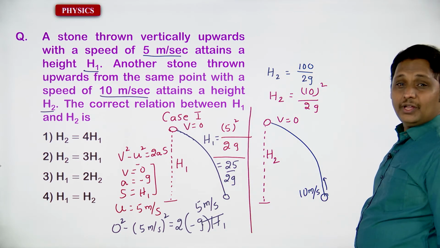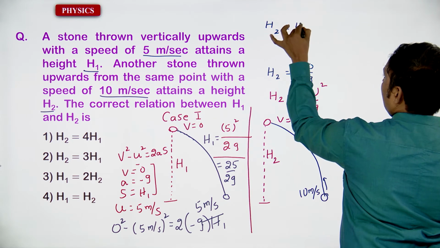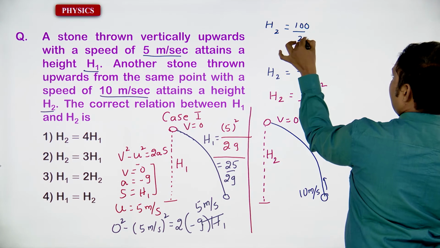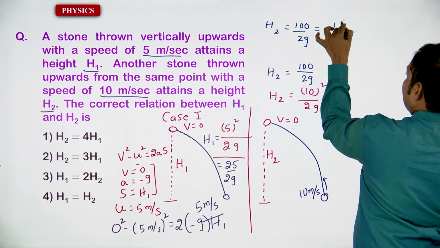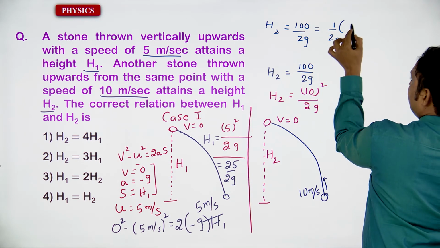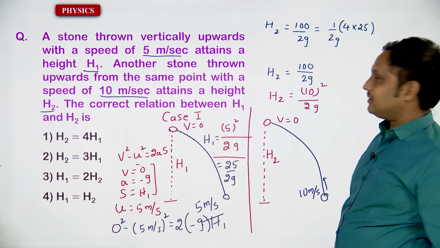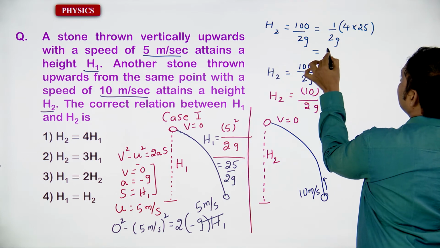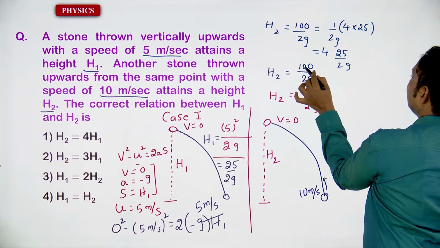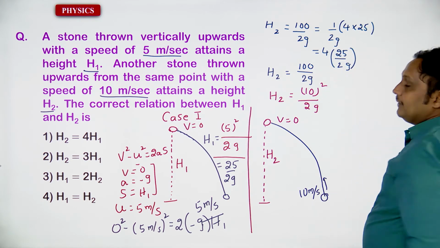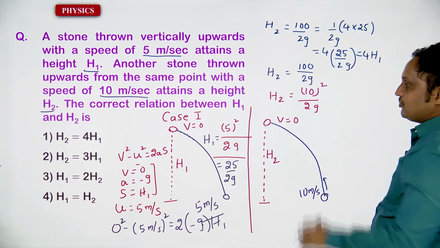If you want to frame the relation, H2 is equal to 100 by 2g, you can write it as 4 into 25 by 2g. So you can substitute, that is 4h1. H2 is equal to 4h1.